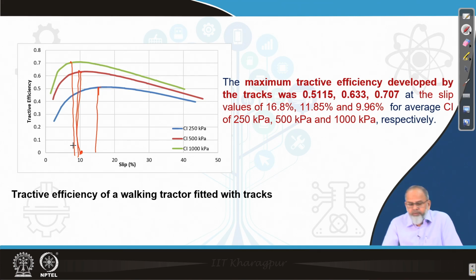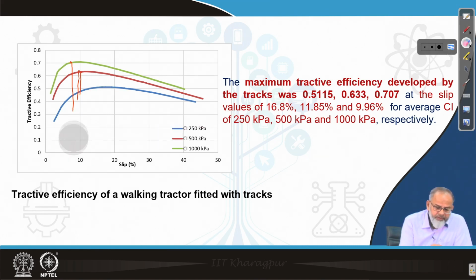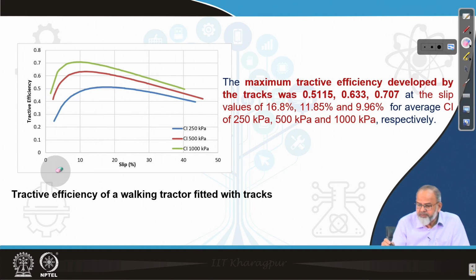That means within 10 to 11 or 12% we are getting the peak values, whereas in case of soft soil we are getting a peak value beyond 15%, but nevertheless it is lesser than 20%. Our maximum target is 20%.